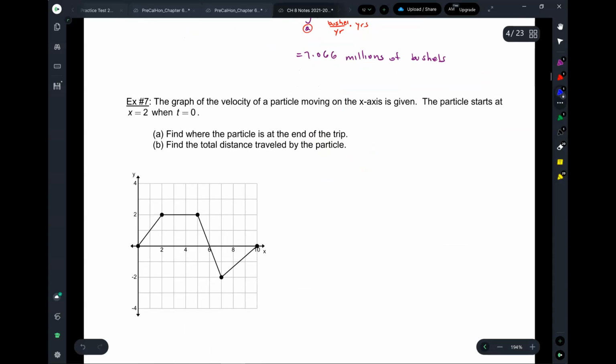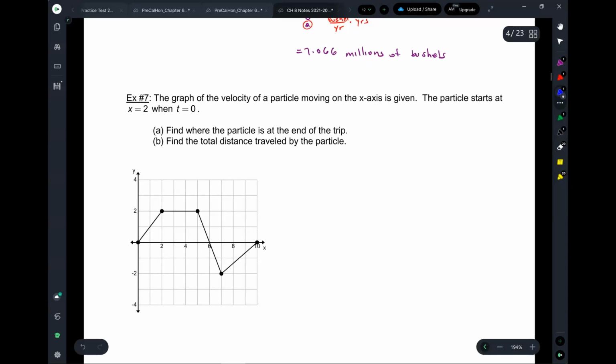Okay, next. This is a graph of the velocity of a particle moving on the x-axis. The particle starts at x equals 2 when t is 0, so this is the initial value. Find where the particle is at the end of the trip. Where the particle is, that's the position. At the end of the trip, at 10 seconds, because this took 10 seconds.